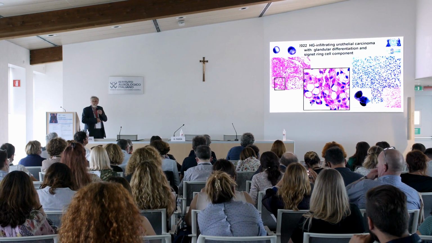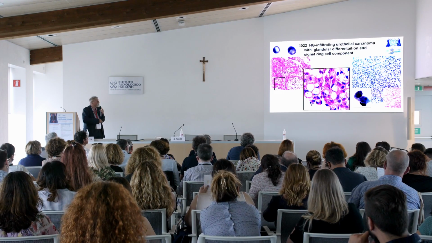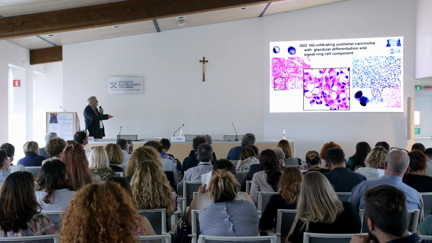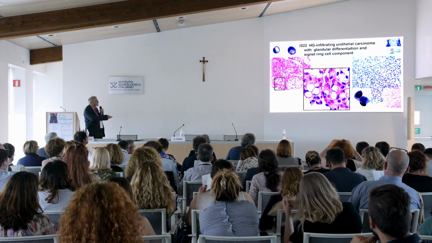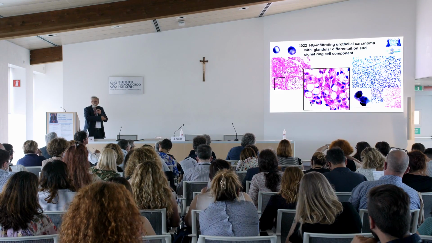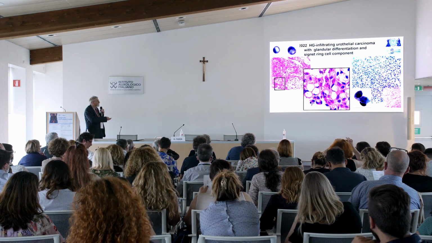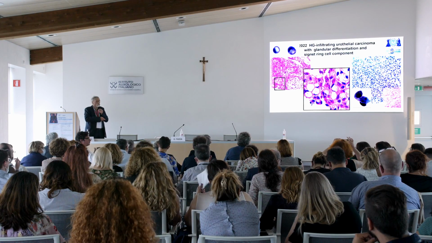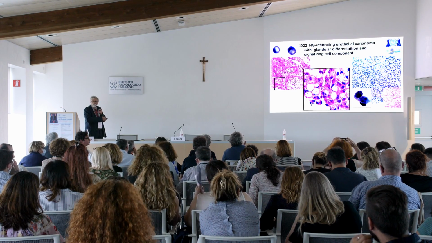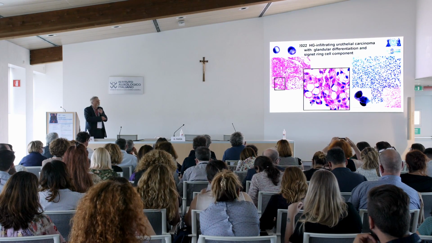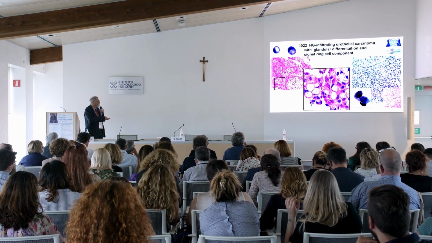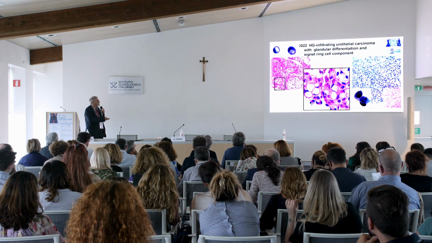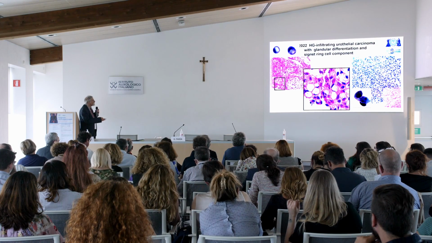We have some differential diagnosis, of course. Lacking a typical urothelial component, you have to consider metastasis first. We have no way to exclude a metastasis if we have no classical urothelial component.